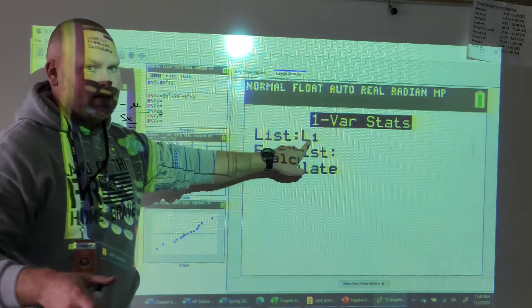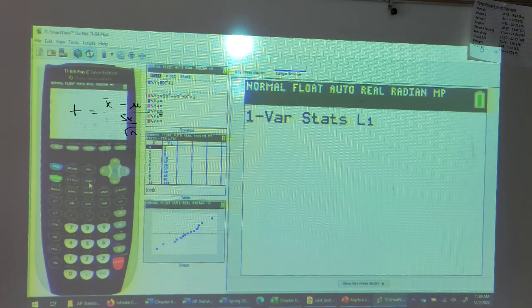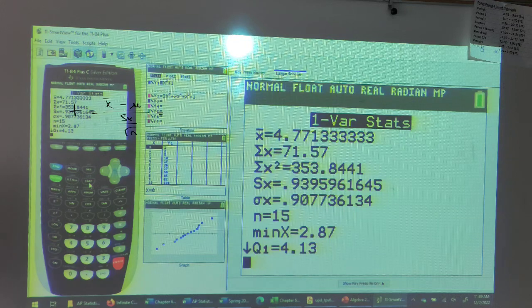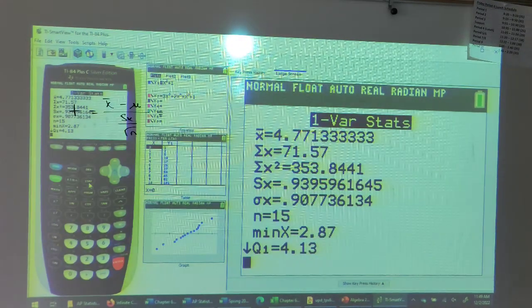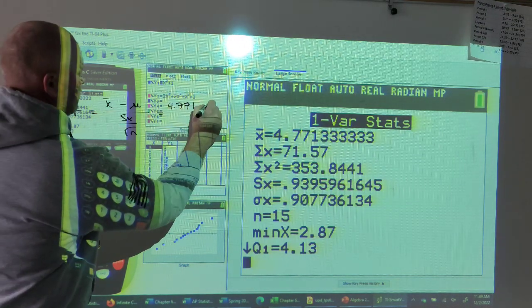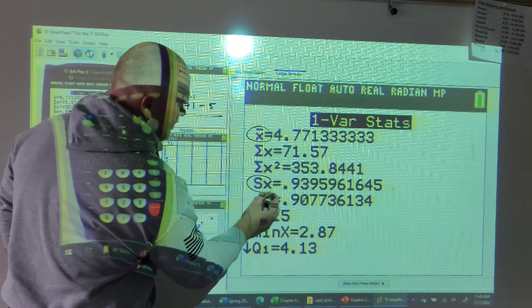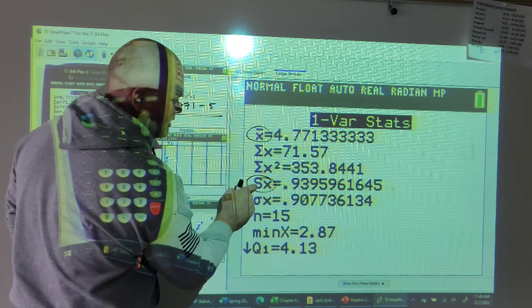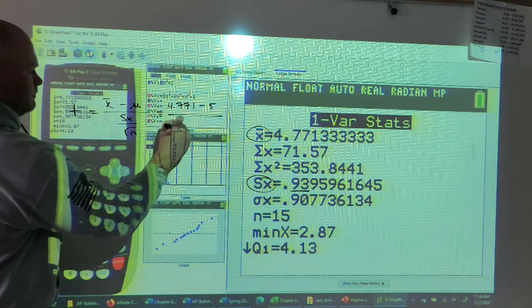So just 1-Var Stats of list 1. Okay, and we get an x bar, a sample mean of 4.771. And we get a sample standard deviation, not sigma. We want the sample standard deviation of maybe about 0.94.